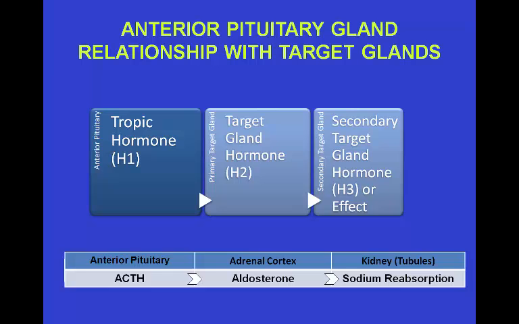This hormone travels through the blood to its primary target gland, which is the adrenal cortex, causing it to release hormone 2, or aldosterone. Aldosterone travels through the blood to the secondary target gland, which would be the kidneys in this case, causing a further effect on the kidneys, this effect being reabsorption of sodium and therefore conservation of water in the blood.